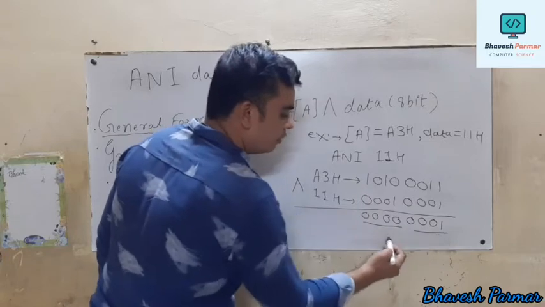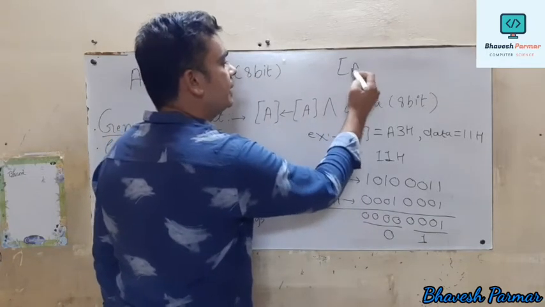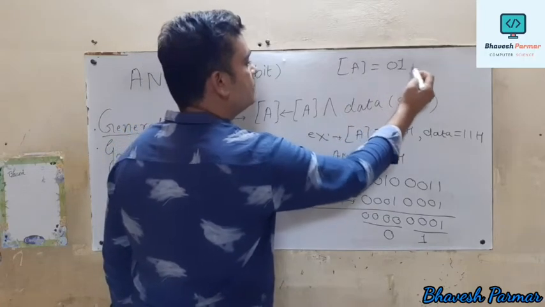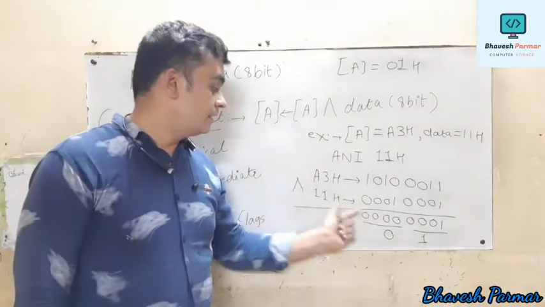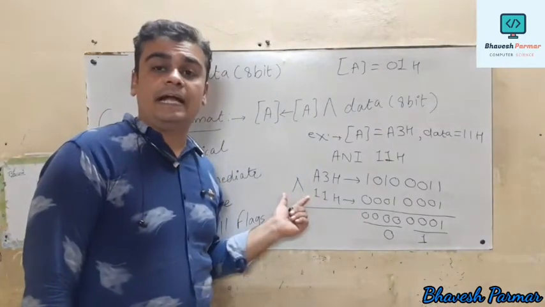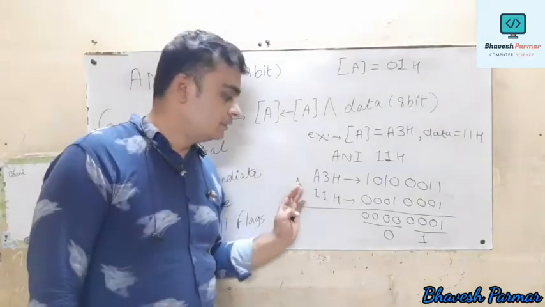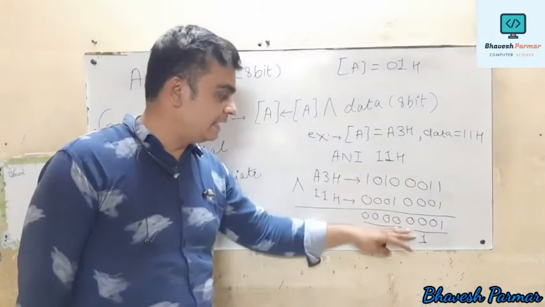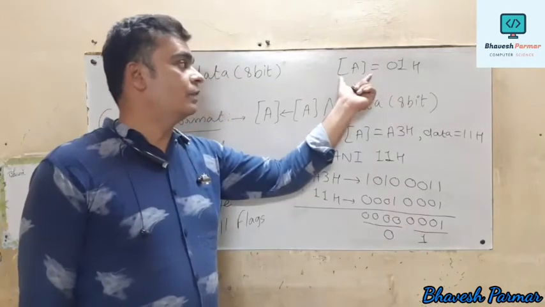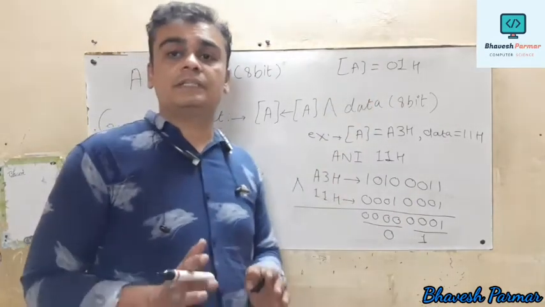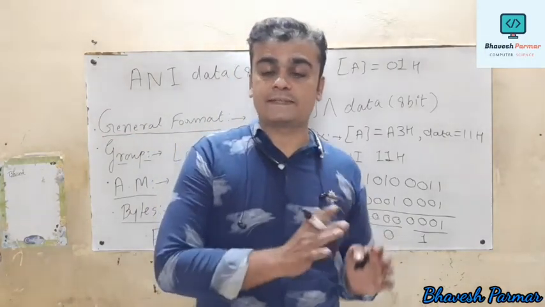My answer is 01H. So the output is content of A equal to 01H. This is my answer after applying the logical AND operation from the logical instruction group. If I use the truth table rules on this data, I get the answer 01H, which is stored in the content of A. In this way, logical AND operation on data is performed successfully.